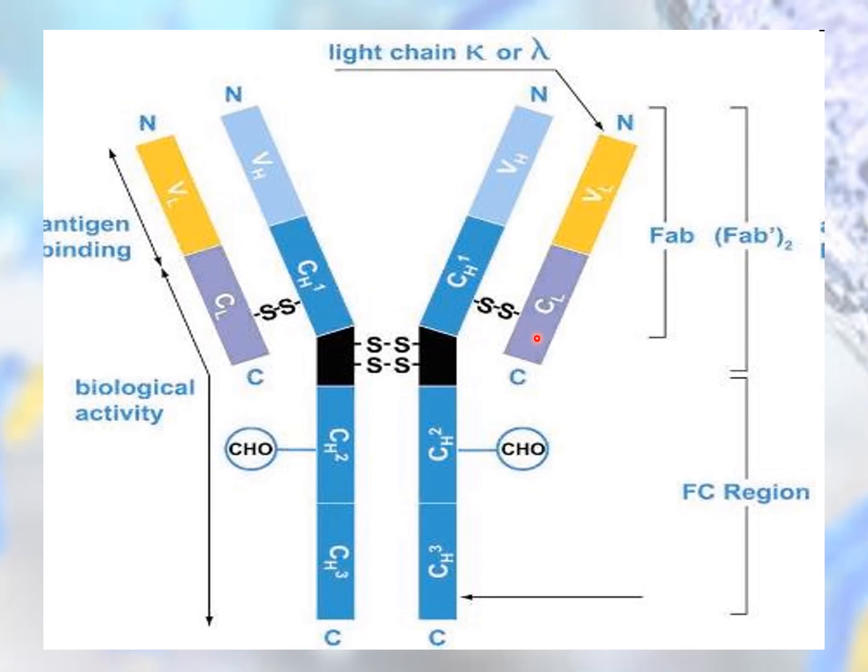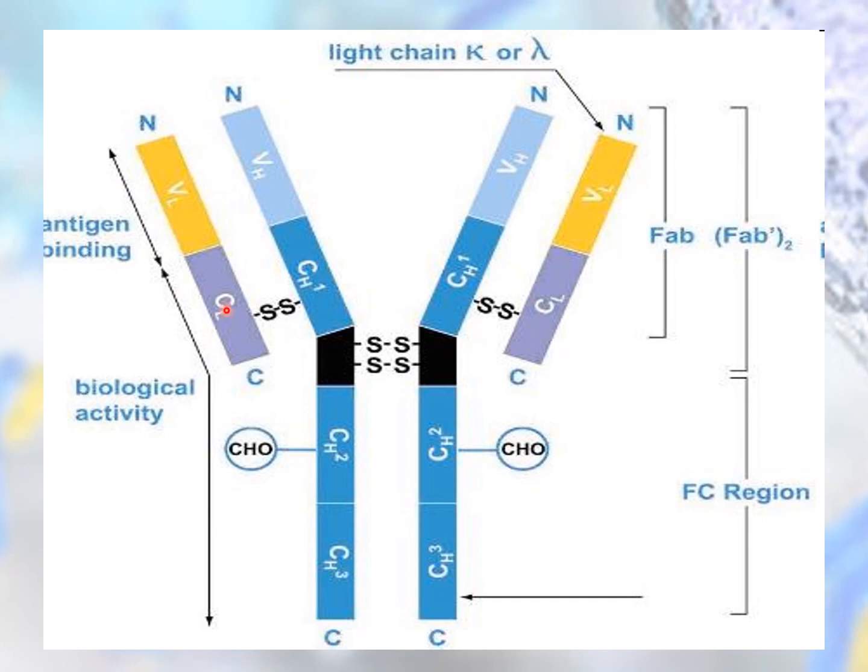So there is one disulfide bond between the light chain and the heavy chain, and the disulfide bonds between the two heavy chains can range from 1 to 13 depending upon the type of antibody. One end of the antibody chain is called the N-terminus, the other end is called the C-terminus.